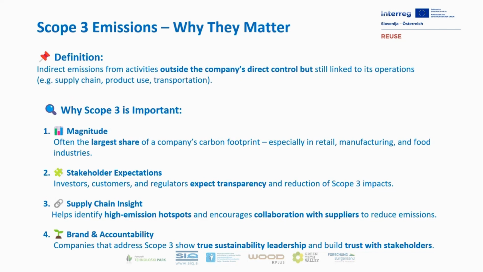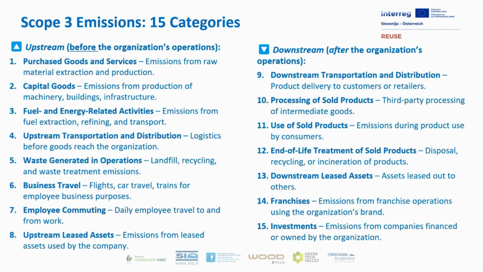And fourth, brand reputation and accountability. Companies that tackle Scope 3 emissions show a genuine commitment to sustainability. This can enhance reputation, strengthen stakeholders' trust, and improve long-term business resilience. So let's take a look at the 15 categories of Scope 3 emissions as defined by the Greenhouse Gas Protocol.